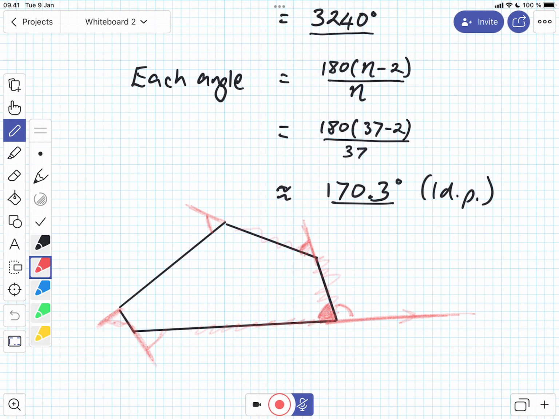And because you walk around the shape and end up where you started, you walk through 360 degrees. So the exterior angles always add up to 360 degrees. Okay, so with that in mind, let's go back to the question.